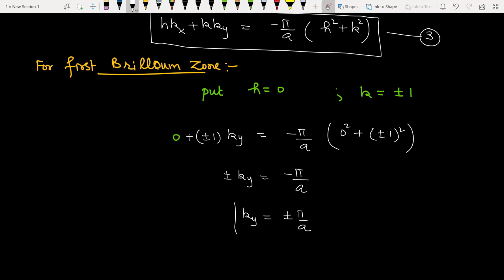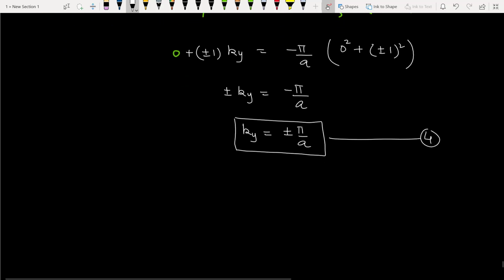So ky will be equal to plus minus pi by a. This is the first equation for the first Brillouin zone. Also, for the first Brillouin zone we can put k equal to 0 and h equal to plus minus 1.